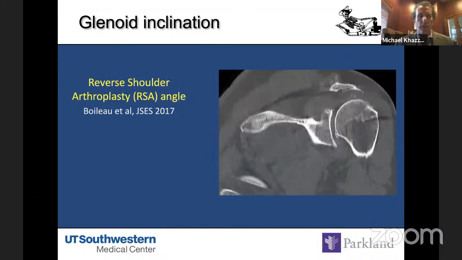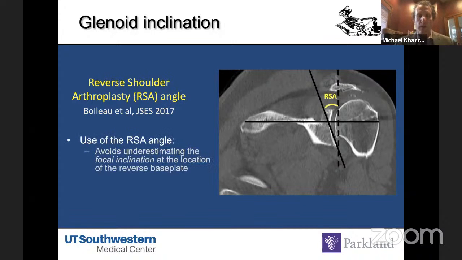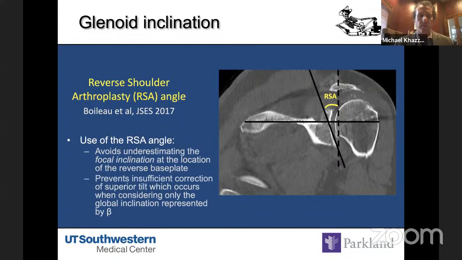And so Boileau in 2017 described the reverse shoulder angle, which uses the supraspinatus fossa line and the inferior aspect of the glenoid, basically where the base plate would be placed, and gives an angle that assesses the inferior portion of this to allow for assessment of the inclination so this can be corrected. And this prevents insufficient correction of the superior inclination when considering only the beta angle, which is global representation of the base of the glenoid.